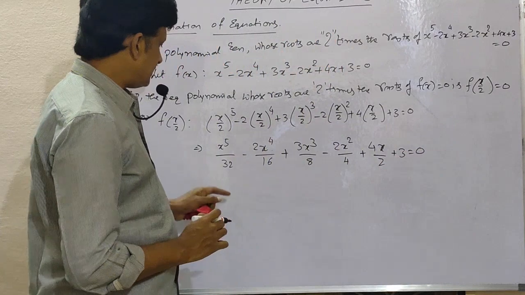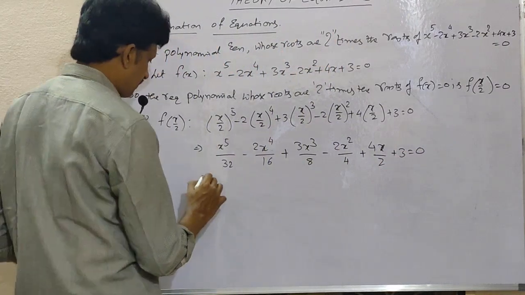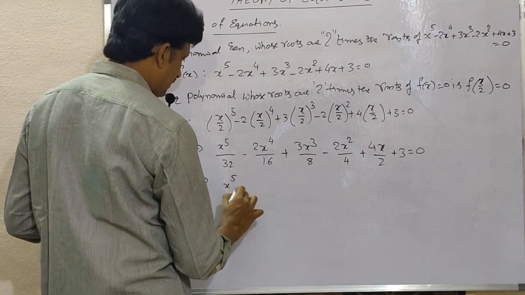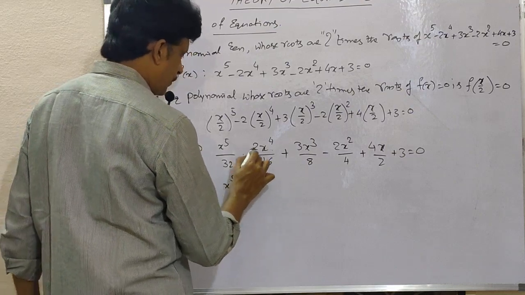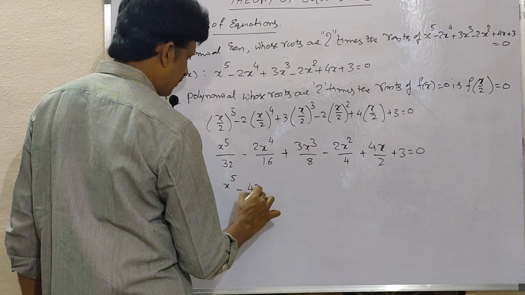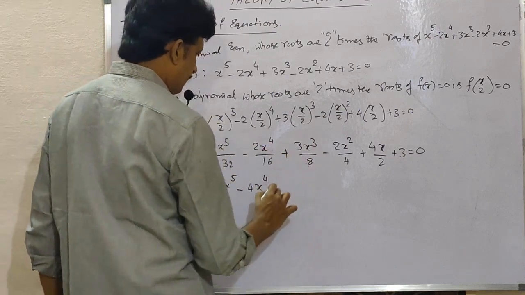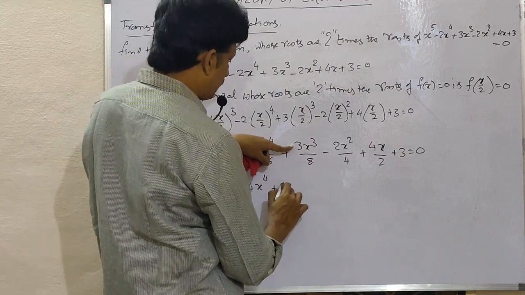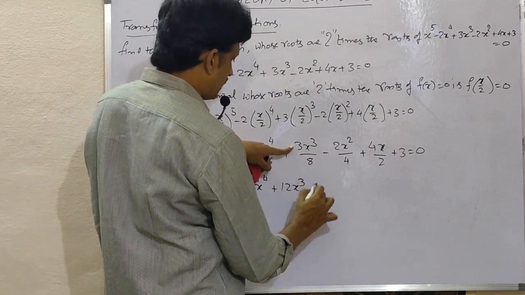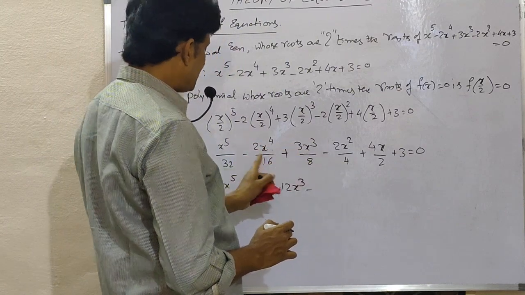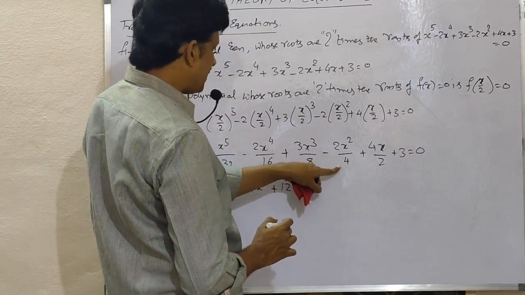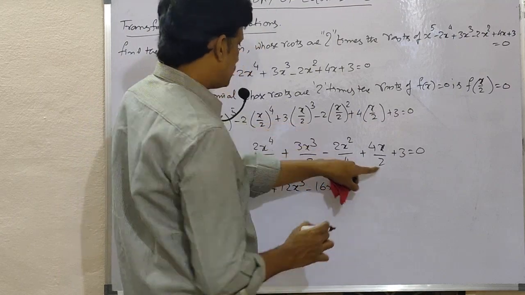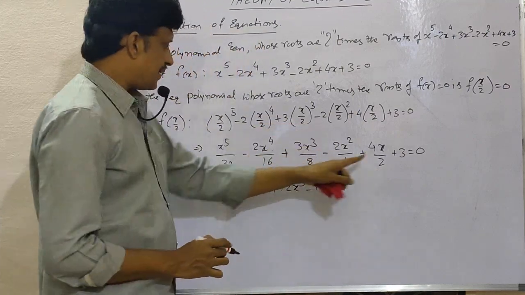Here the LCM is 32. So then you are getting x power 5 minus 2 times, so 2 into 2x power 4, that is minus 4x power 4 plus, here 4 8s are 32, so multiply with 4. 4 3s are 12x cube minus 4 8s are 32. So 4 is given means multiply with 8. 8 2s are 16x square plus 2. 2 is the given denominator.